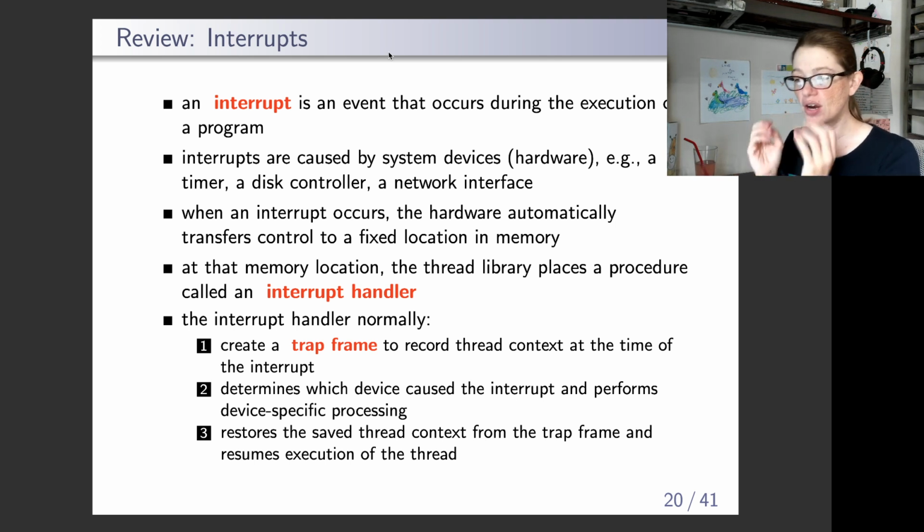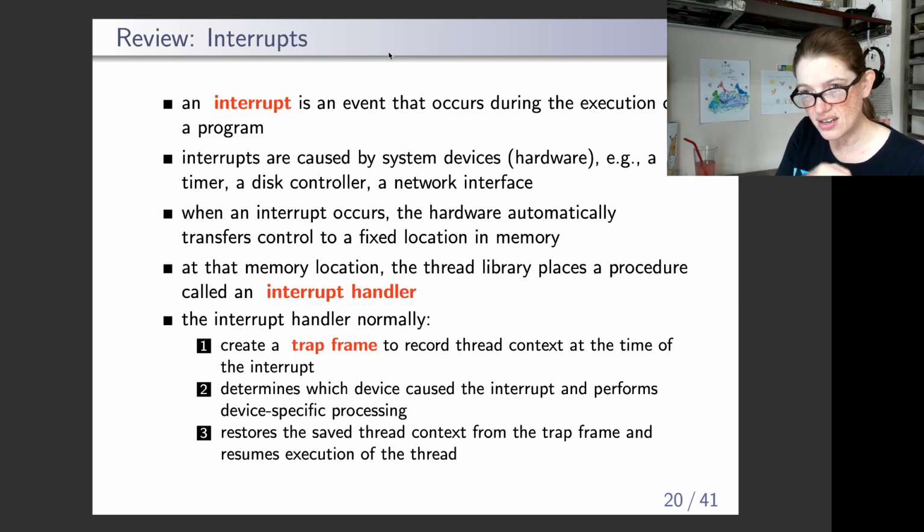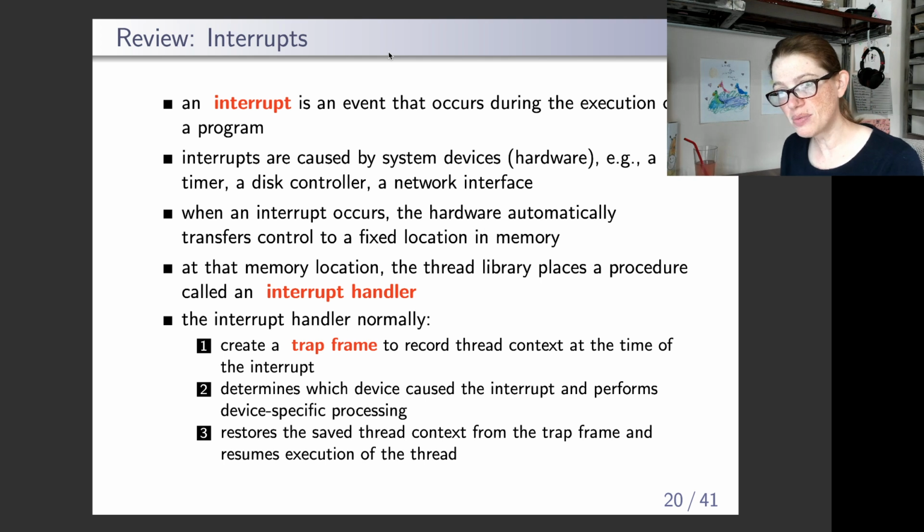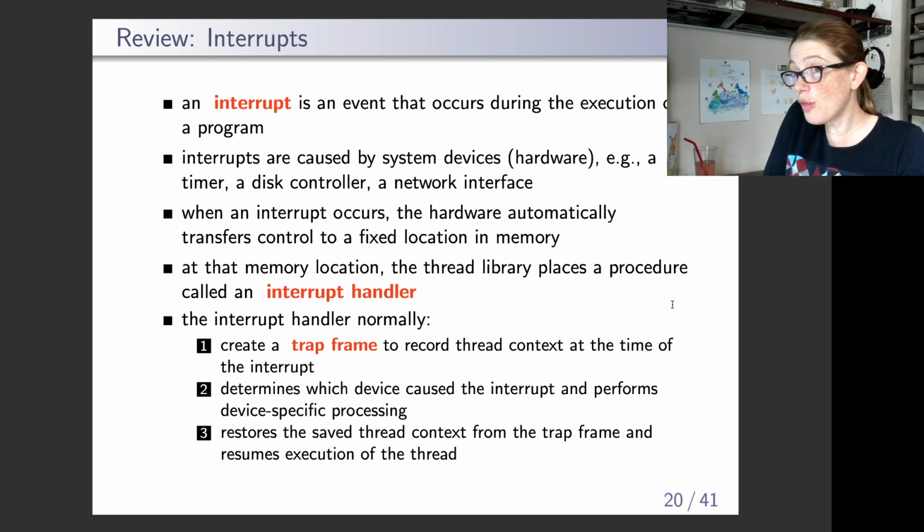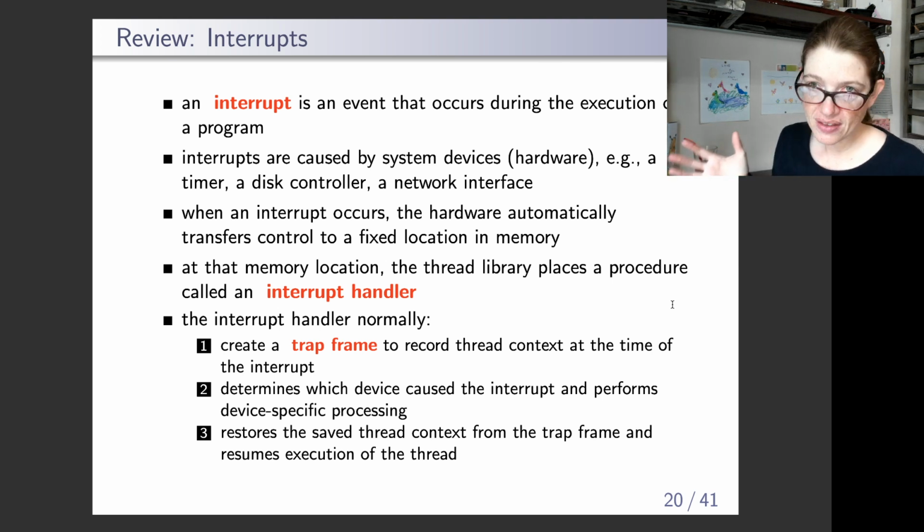So the very first thing it does is save the state, and then it actually calls the interrupt handler. And then, of course, after the interrupt has been handled, we will return to the interrupt handler to restore the state of the thread that was running, that was interrupted by the key being pushed.